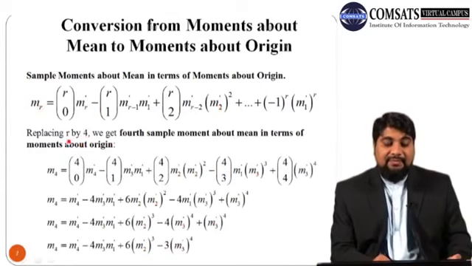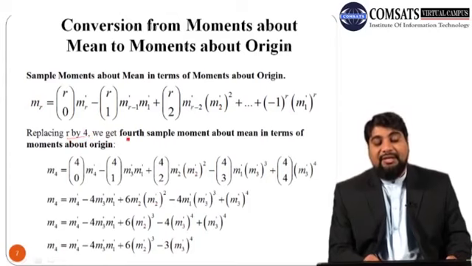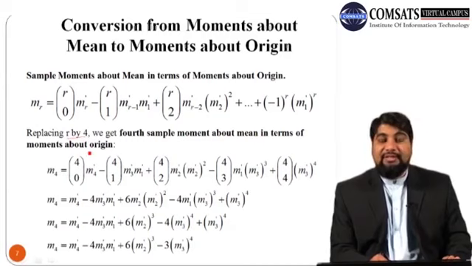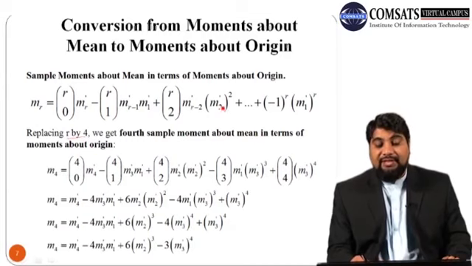Similarly, if we replace r by 4, we can get the fourth sample moment about mean in terms of moments about origin. So note that this is m1 dash square.